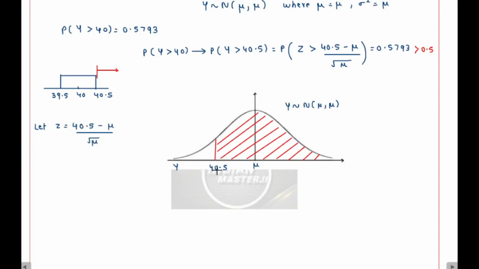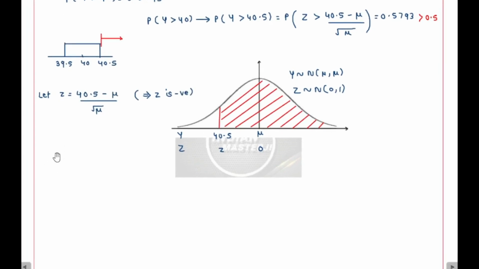For y this is 40.5, so when I plot the same graph for z, this 40.5 will correspond to z here, when the mean will be 0 for a standard normal distribution curve. What do we see here? This z is coming to the left of 0, so this z which we are going to get is negative.